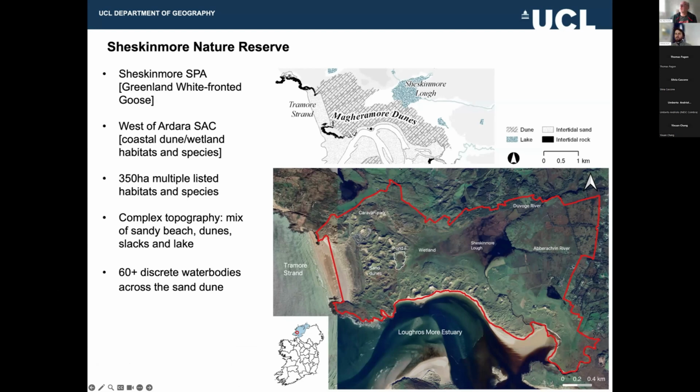It is a very remote site, not much disturbed by human intervention, and it is a complex system consisting of sandy beach, sand dune, wetland, and lake. We have also identified more than 6 discrete water bodies across the dune site, shown on the top map, and it is the main focus area of my research.